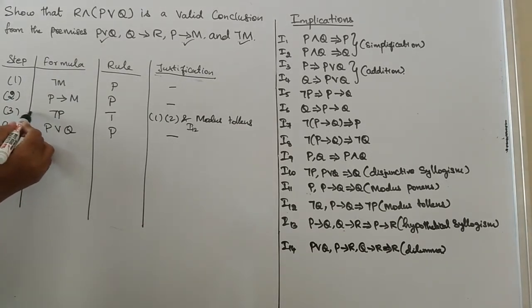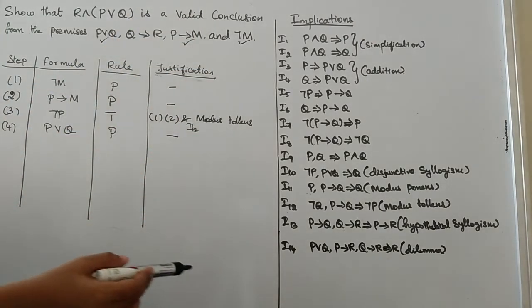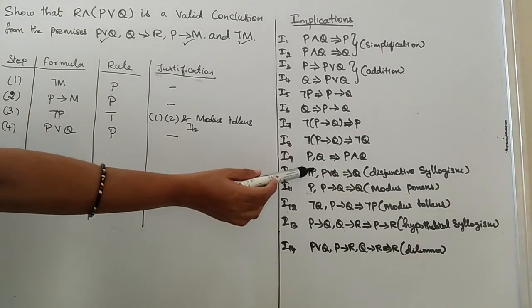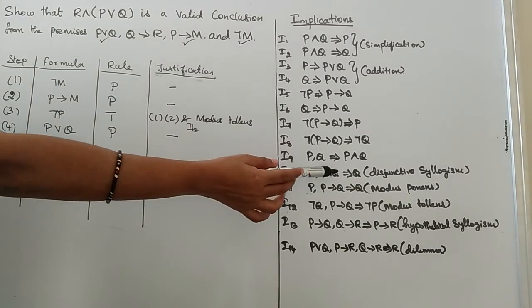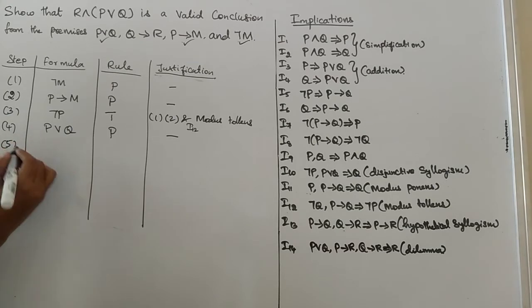Next, based on steps 3 and 4, I am going to make use of some implications. For example, negate P, P or Q tautologically implies Q. Based on that, I can derive the formula.